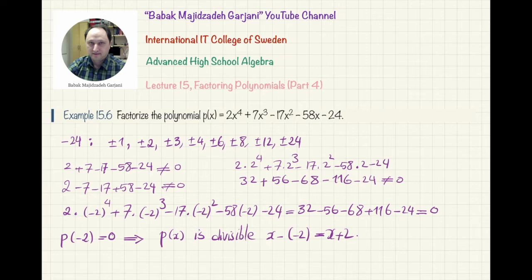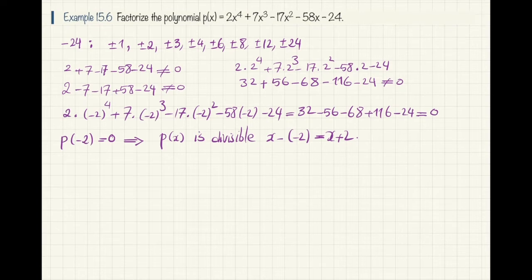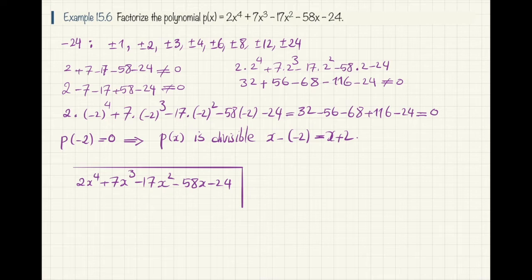Okay? So what can I do now? I can do the long division process. So I would write 2x to the 4 plus 7x to the 3 minus 17x to the 2 minus 58x minus 24. Then I will write it, let me make it more nicely. So here I will have x plus 2, and I do the long division.